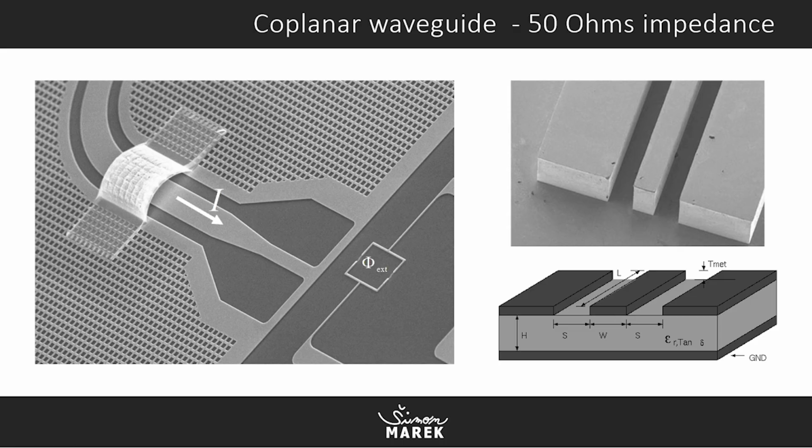We can do this by putting in width parameters and gap parameters, and also substrate thickness and permittivity, for the substrate, which is typically silicon, right? So thus we can calculate 50 ohm impedance.